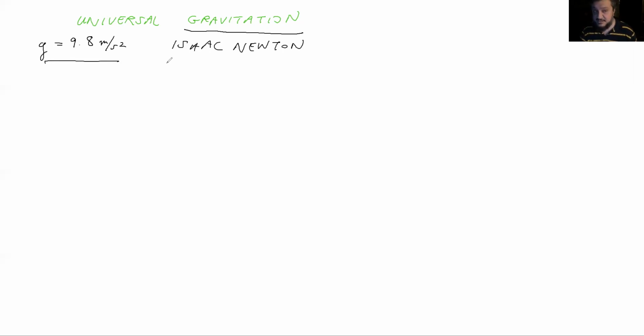It had its limitations, and another theory was developed by Albert Einstein about 100 years ago. This is part of his theory of relativity, the general theory.